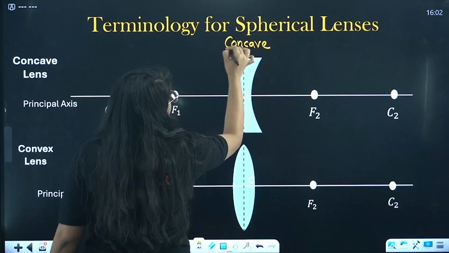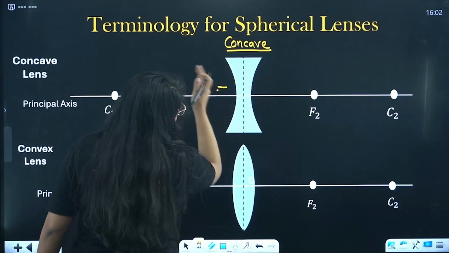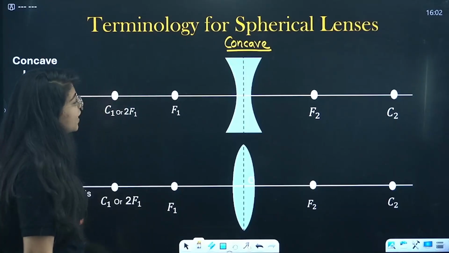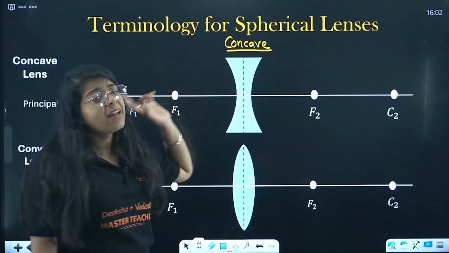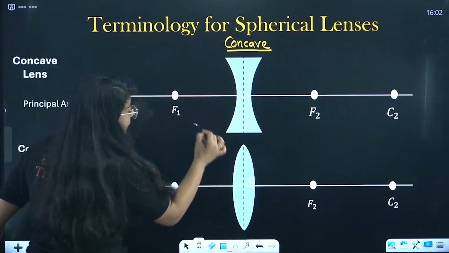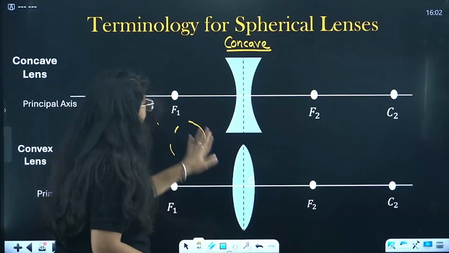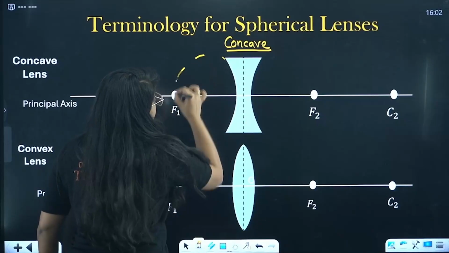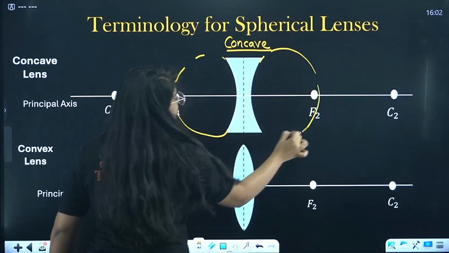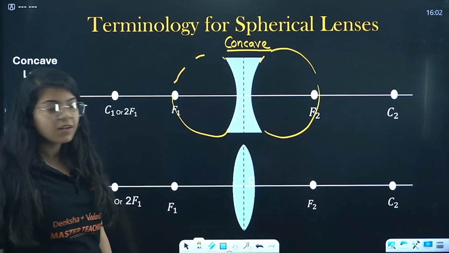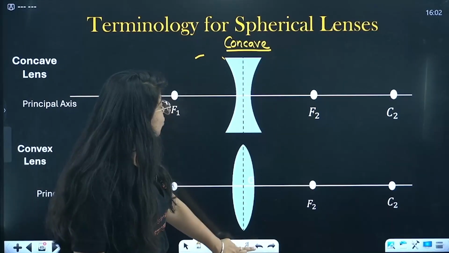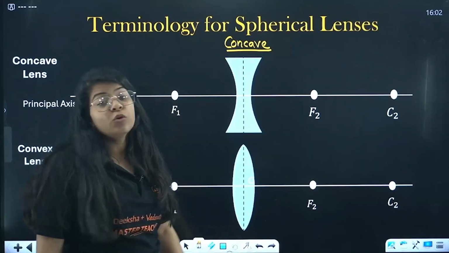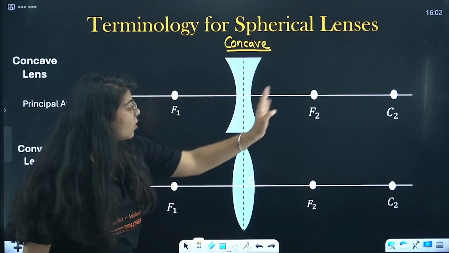Okay, let's see. So this is thicker at the edges, thinner in the middle. This is your concave lens. Beta, see, there we only had one sphere. We just completed the sphere. But if I complete the spheres here, there is one sphere on this side and one sphere on the other side. So I will have 2 center of curvatures, 2 focal lengths, one on this side, one on the other side.